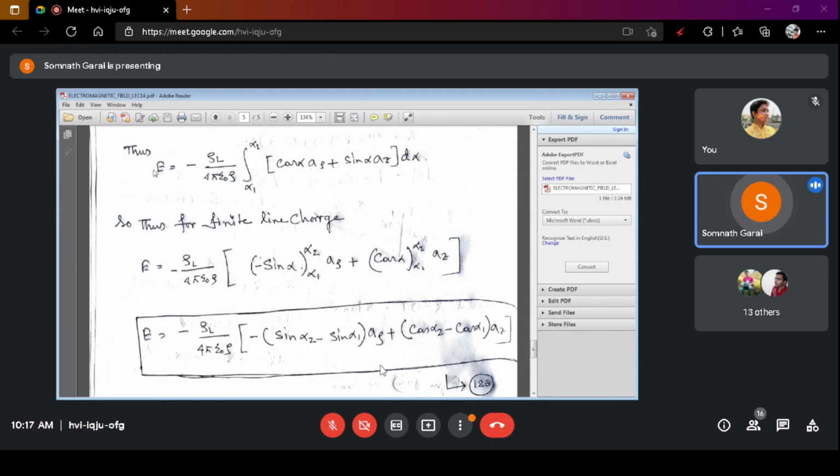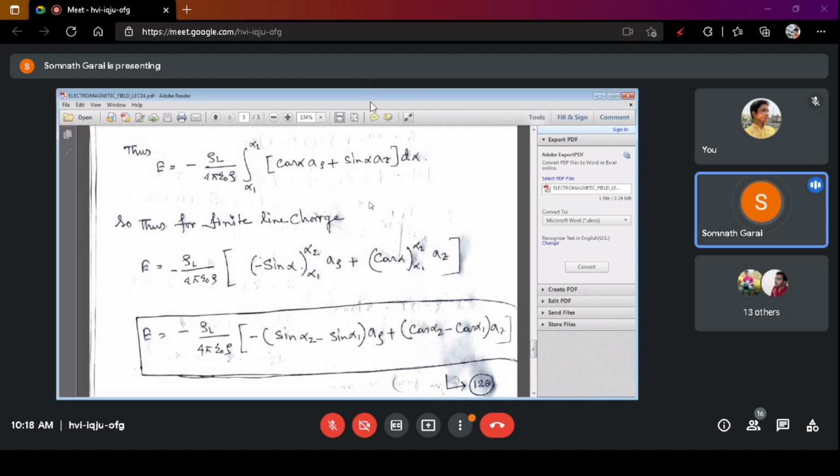That is given by capital E equals minus rho L divided by 4 pi epsilon naught rho, integration over alpha 1 to alpha 2 of (cos alpha a rho plus sin alpha az) d alpha. Now we equate this integration for a finite line charge.